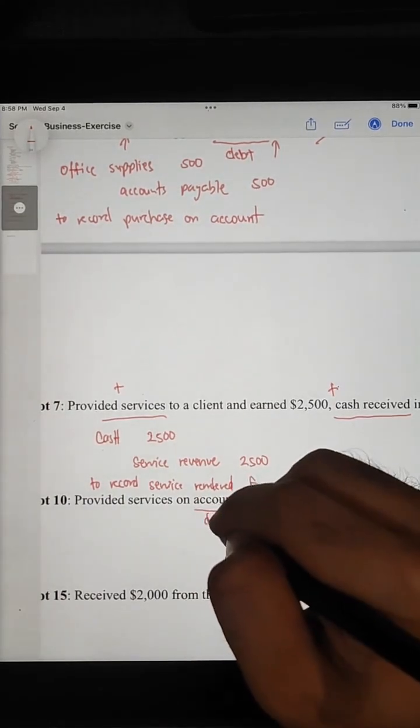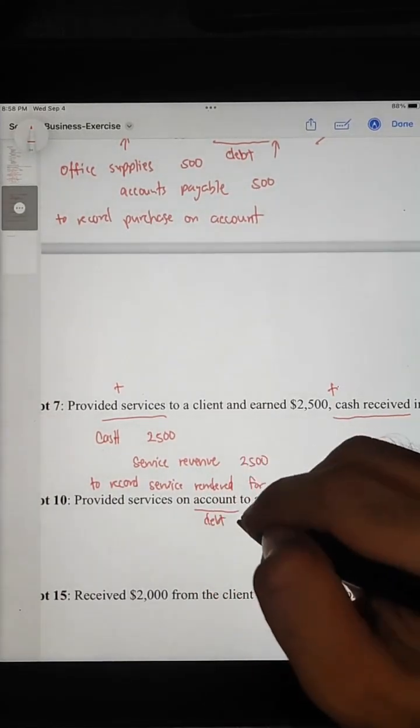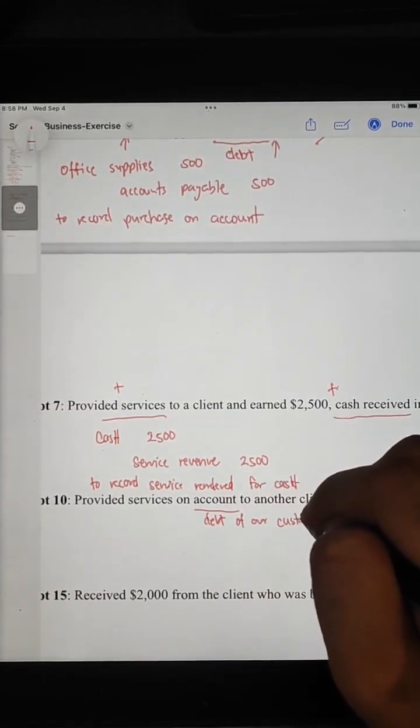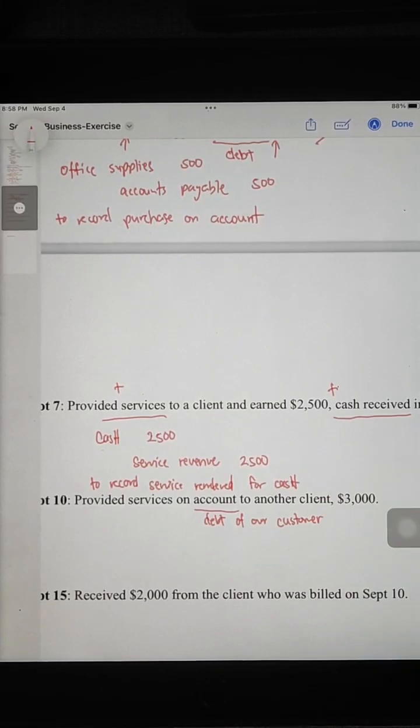This means utang. However, utang ito, debt of our customers. So kung kanina, utang siya, pero utang natin, tayo yung magbabayad. This time around, this is an utang by our customer. Therefore, this is a collectible. Okay? Yung customer natin ang may utang and we will be collecting it in the future.